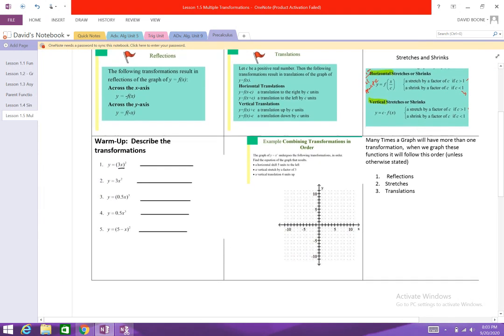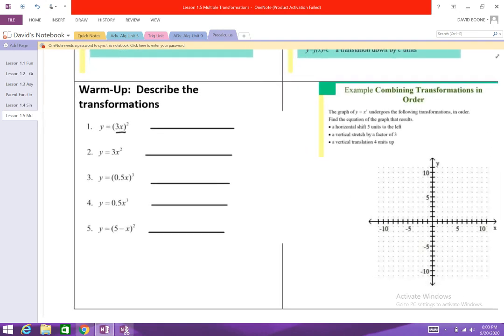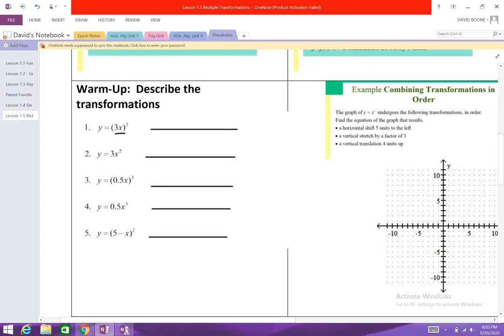So just to look at some examples here. If I'm looking at this first problem, I see that we're inside the parentheses by the x. So I know something's happening horizontally, left to right. If it's inside parentheses, I like to think opposite.